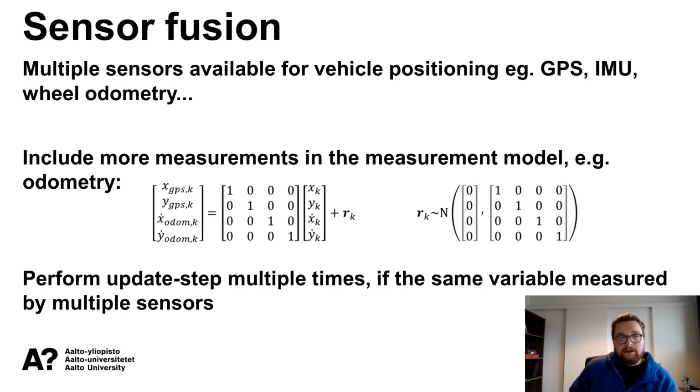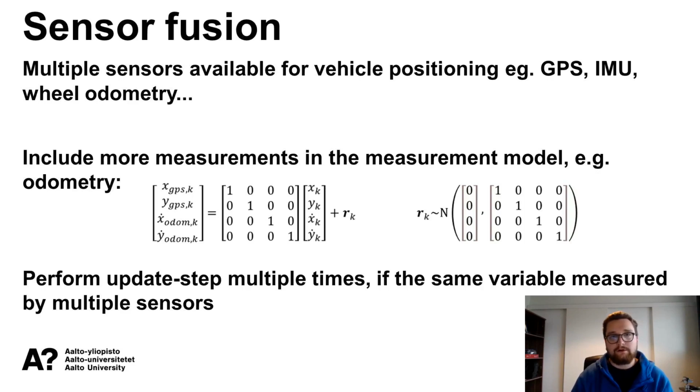Then the Kalman filter can also be used if you have redundant measurement data. Let's say you have 2 different sensors that measure the same thing, like 2 GPS receivers, so you're always getting 2 readings for the location.